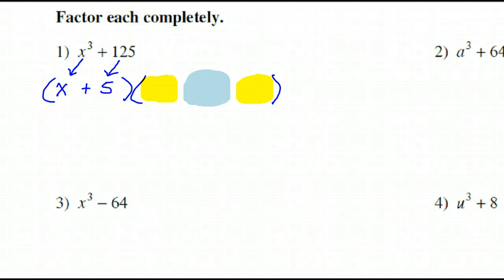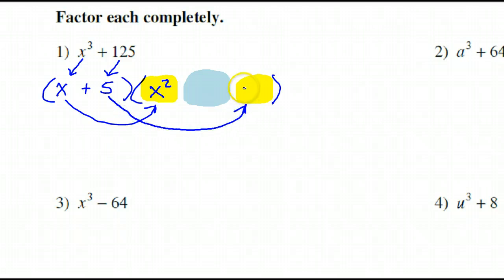Alright, but right now it's time for the beginning and end. The beginning and end come from just squaring these. So if I take this x and I square it, then I'm going to get x squared. If I take the 5 and I square it, I'm going to get positive 25. Alright, so just square these, and then there you have it.